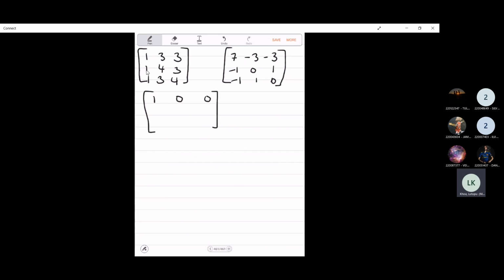Then the next one, 1 times 7, and then 4 times minus 1, and then 3 times minus 1. This gives us 0.